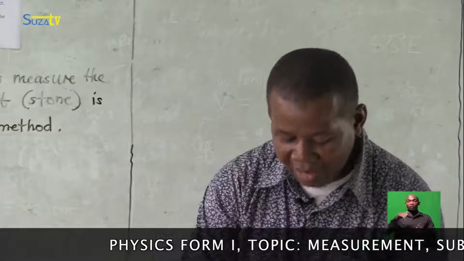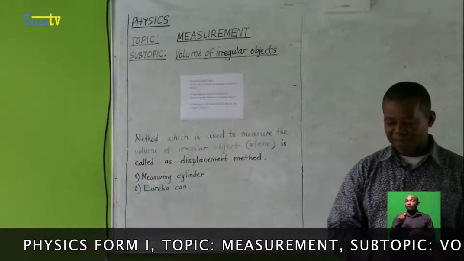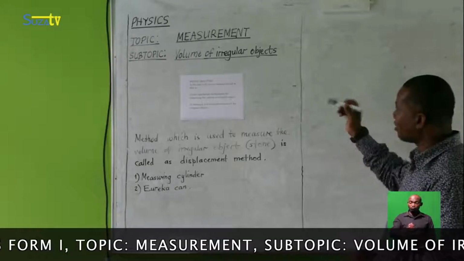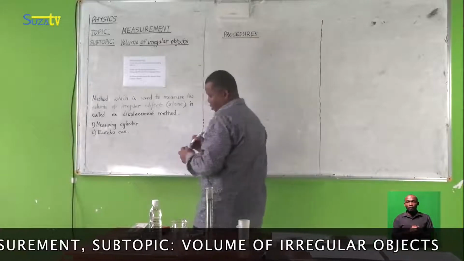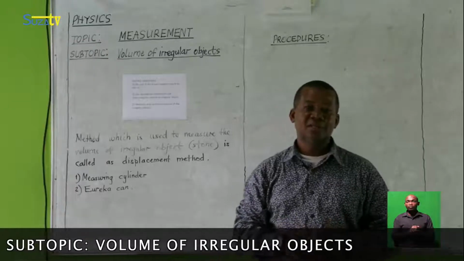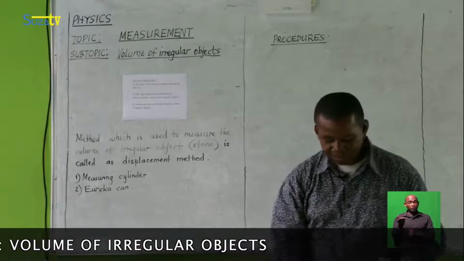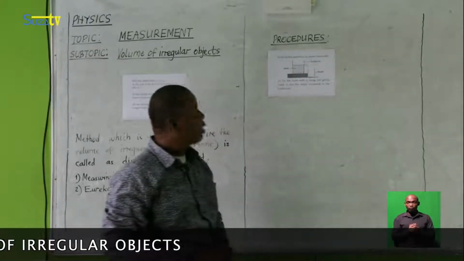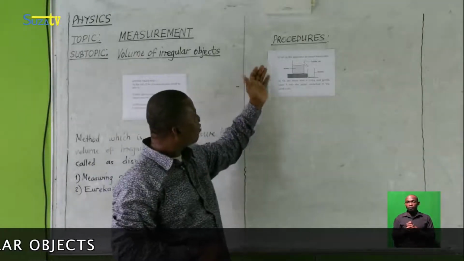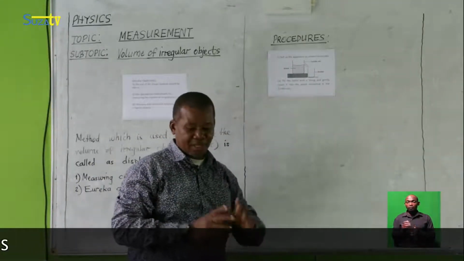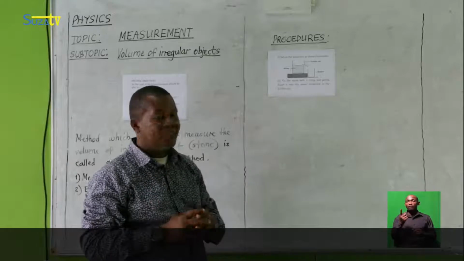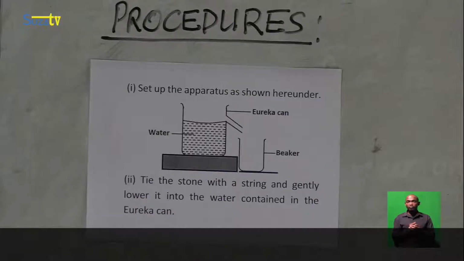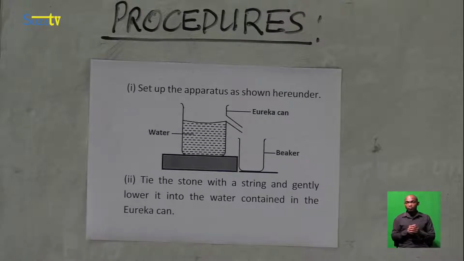For the stone, we have to follow particular procedures in order to find its volume. Here we have the first and the second procedure. First of all, who can read? Okay. The first one: set up the apparatus as shown here under.